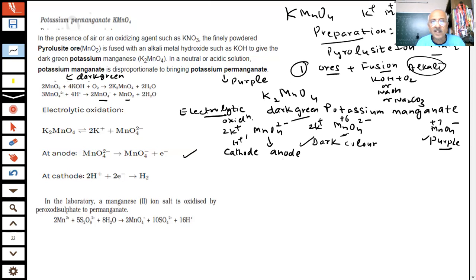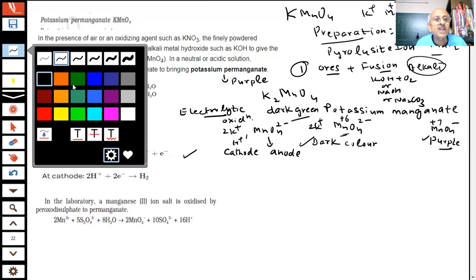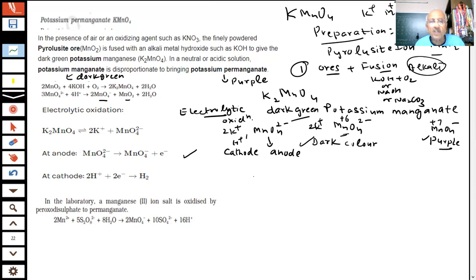So what we are getting, two important things. What is the first thing? Dark green. Which one is dark green? Manganate ion, MnO4 2 minus.